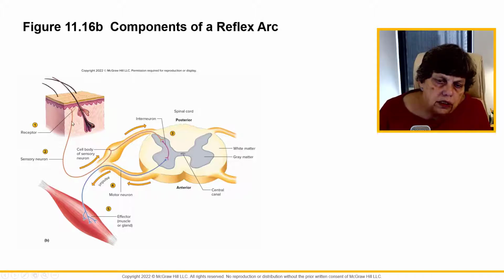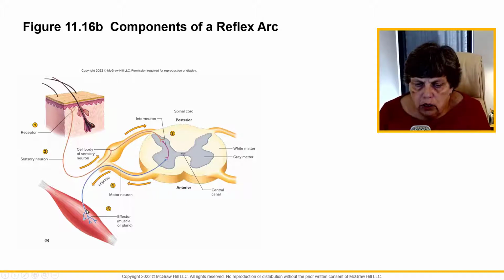Okay. So you can see the receptor here in the skin coming in. There's your sensory neuron coming in. You have the interneuron connecting up, and there is that impulse going out, that motor neuron that says move.